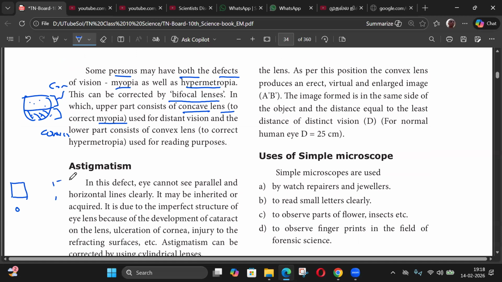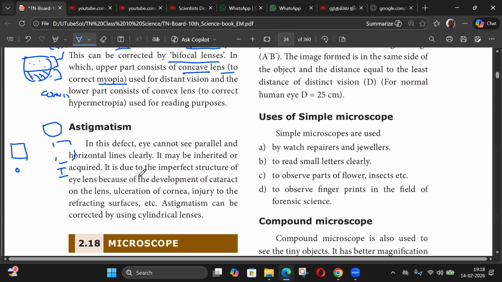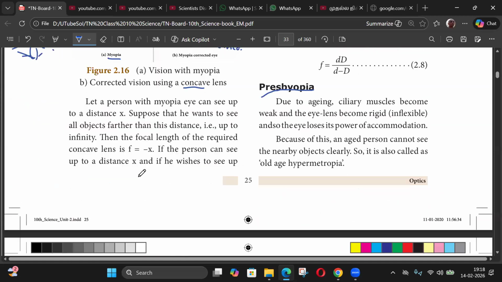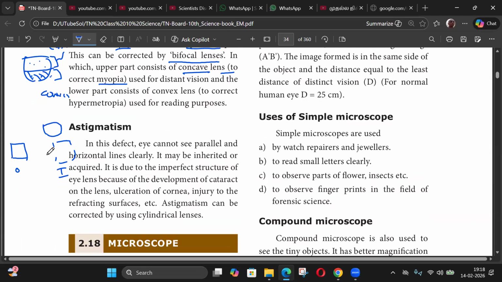Normally the image will be a rectangle, but in some defective eyes, this square or rectangle becomes this, curved. Understood? That problem is called astigmatism. They cannot see parallel or horizontal lines clearly.